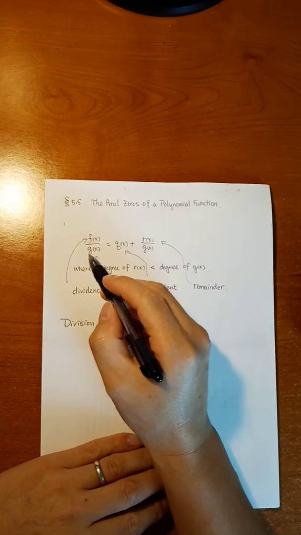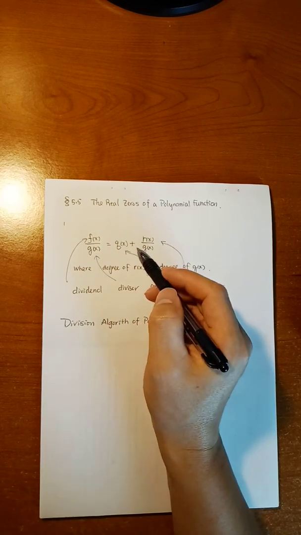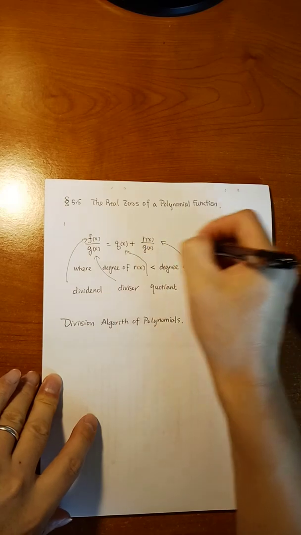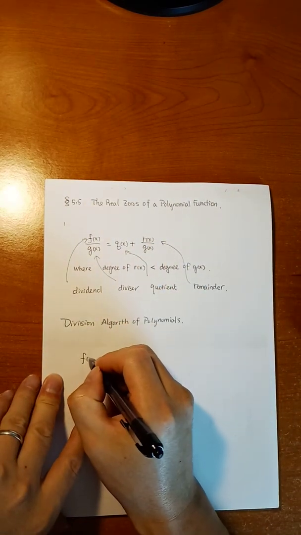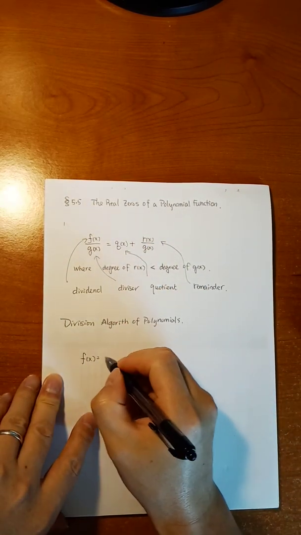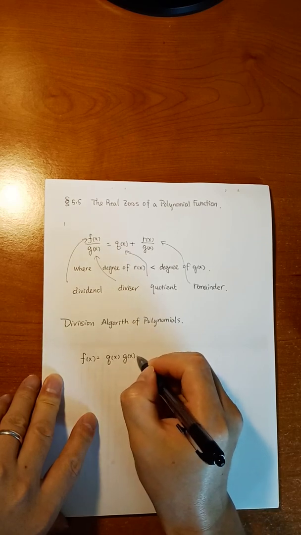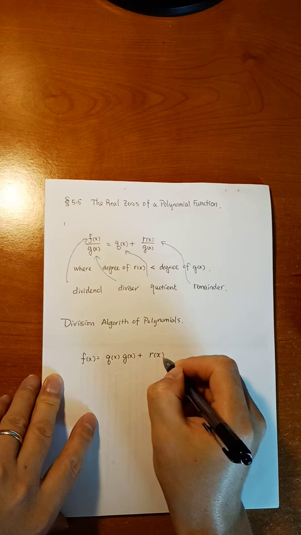And if we multiply this equation by g(x), we will get f(x) equal to the quotient times the divisor plus the remainder.